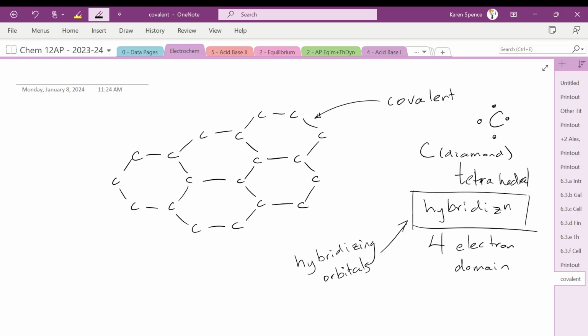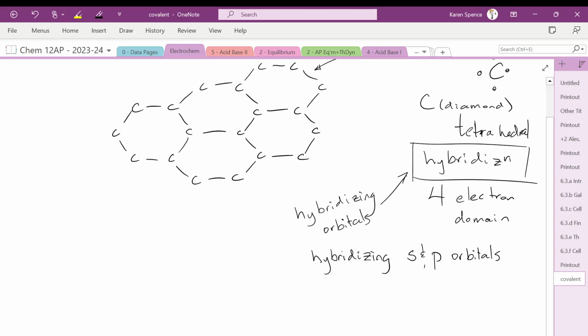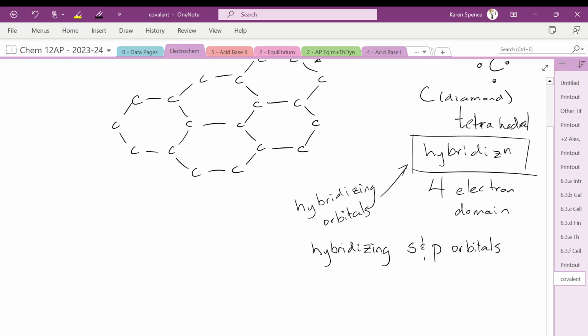The this one and the this one. We're hybridizing S and P orbitals. Now, do you remember how to write a hybrid orbital? Okay. So let's look at carbon.